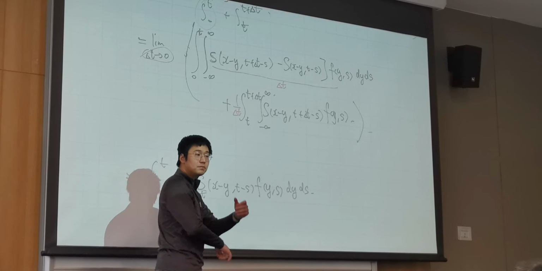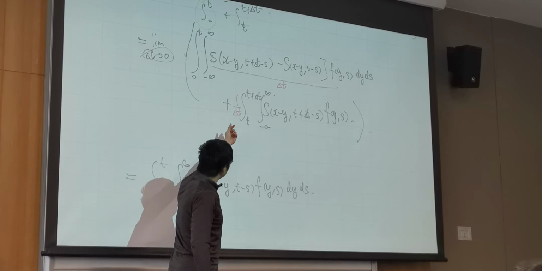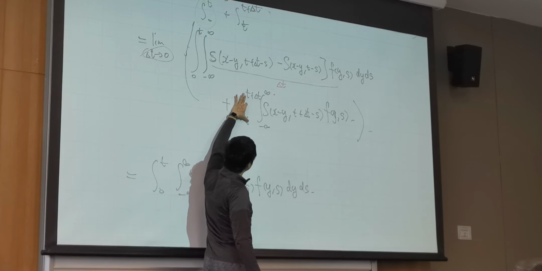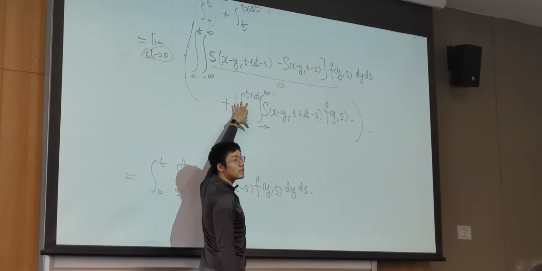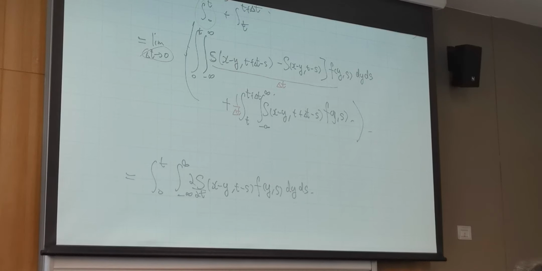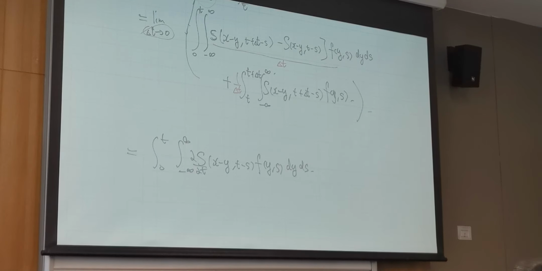What about the second term? It's when delta t goes to 0, right? And what is the length of the integration? It is exactly delta t. So the second term becomes the integration from negative infinity to positive infinity of s(x minus y, t minus s) f(y, s) dy.